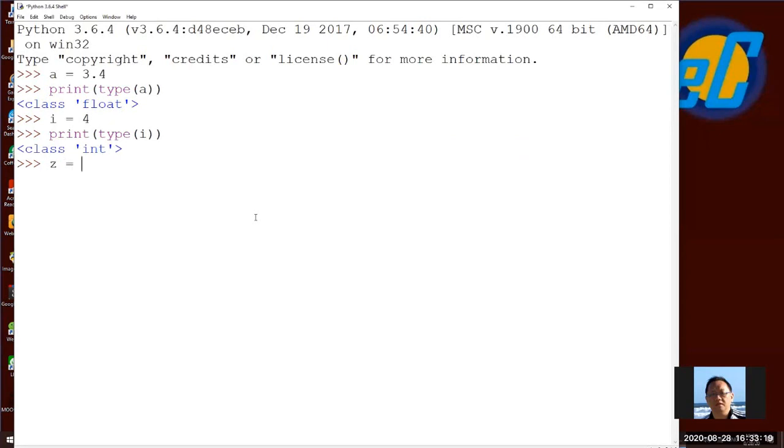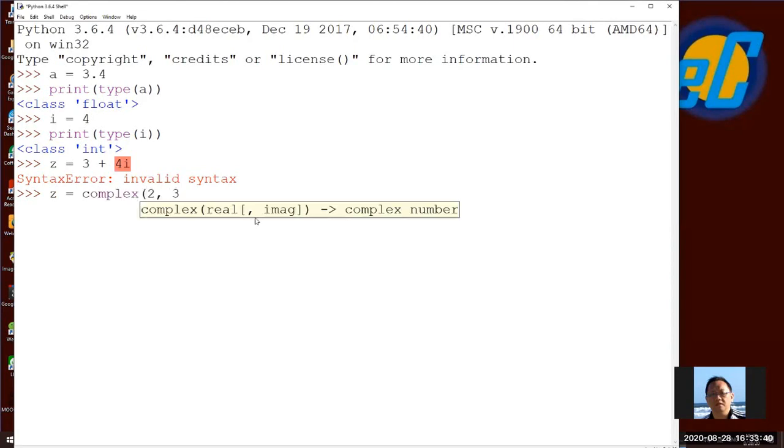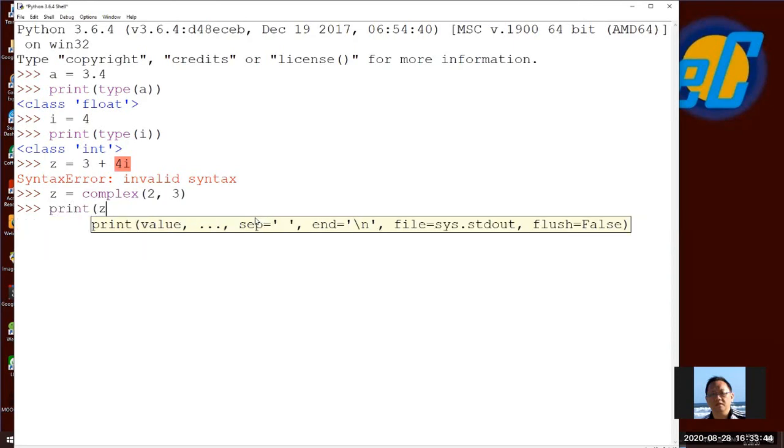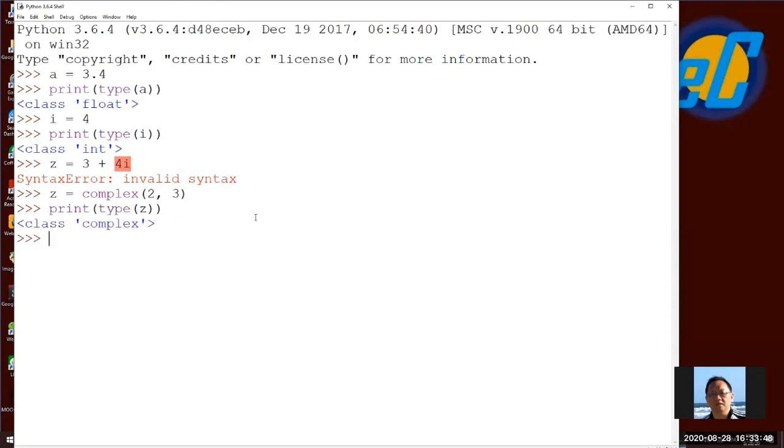We put g equals 3 plus 4i. Actually, that is a complex number. So there is another type called complex number type.